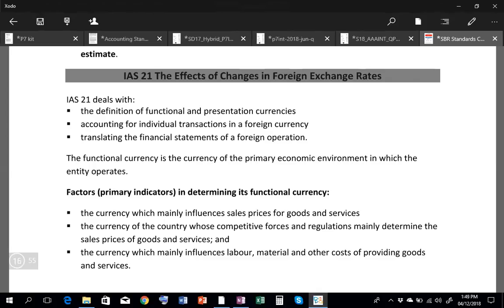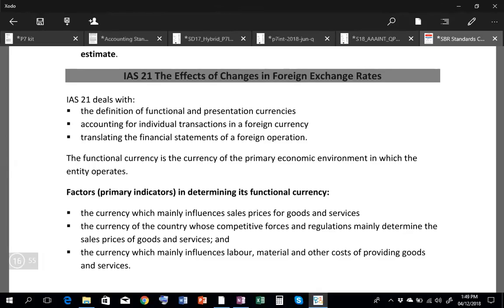The second factor is the subsidiary factor, where you have the foreign subsidiary, and then how to determine the functional currency. The simplest rule is that the functional currency is the currency of the primary economic environment.